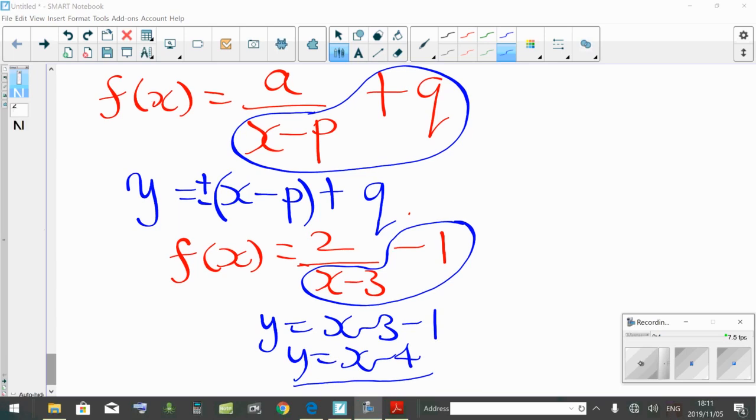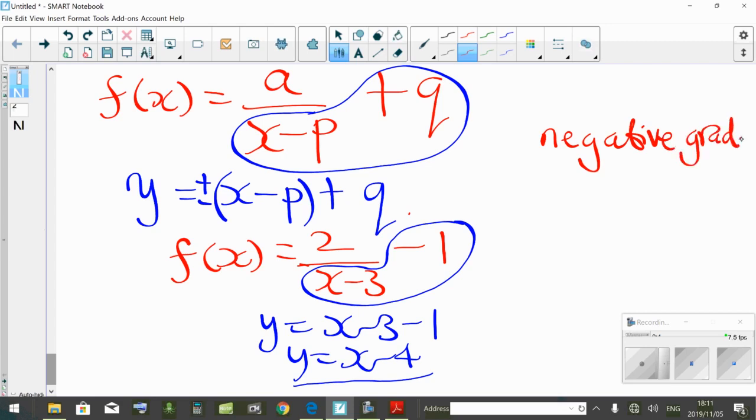If the question instead was the axis of symmetry with a negative gradient, we would have done the same thing. Still, you just circle that part.